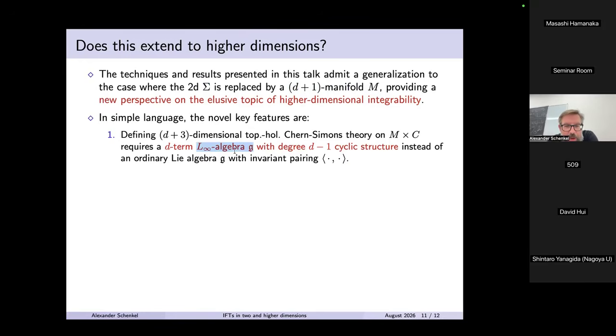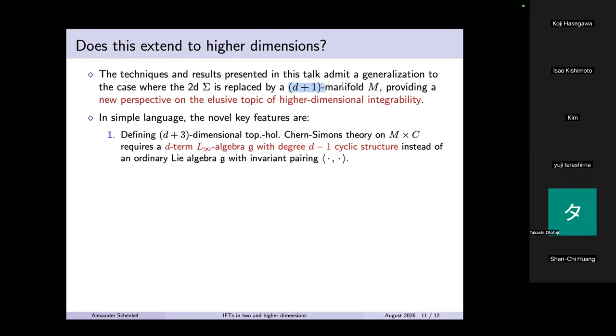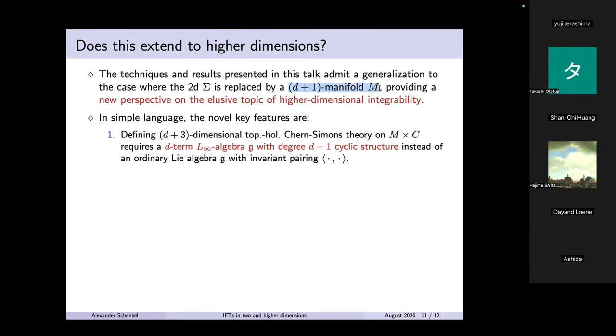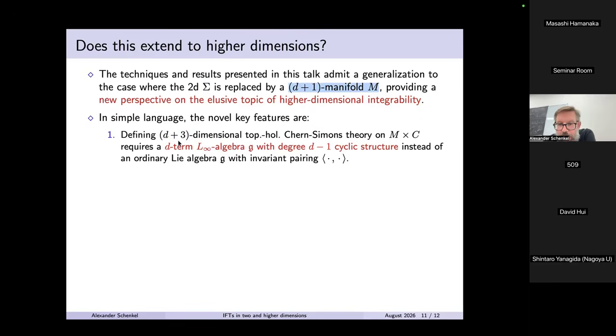When you write it out, this L-infinity algebra is concentrated in zero and negative degrees such that d terms are non-zero. So this d here, the categorical depth of the L-infinity algebra, is linked to the dimension and is also linked to the dimension you want to have an integrable field theory on. So all these numbers d are linked here.